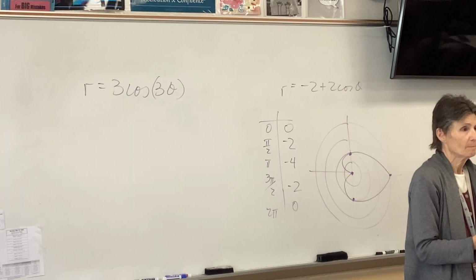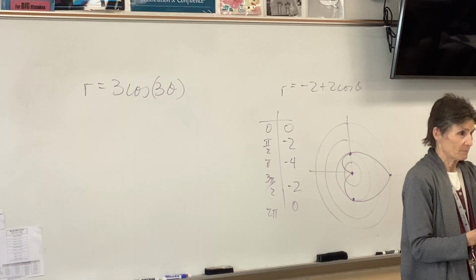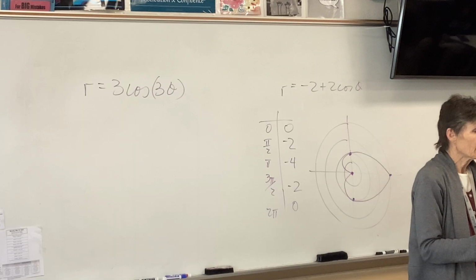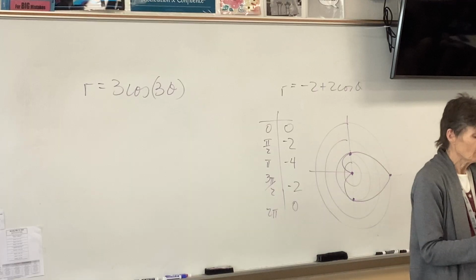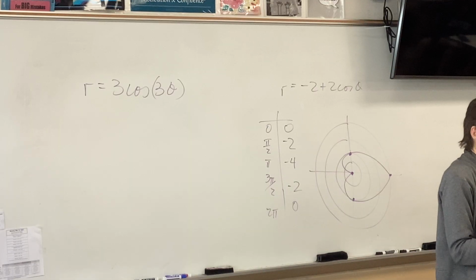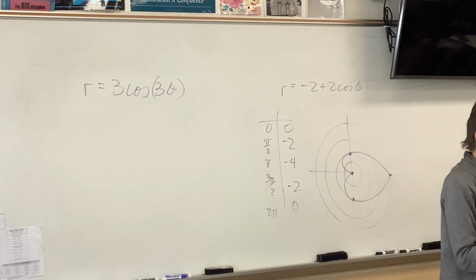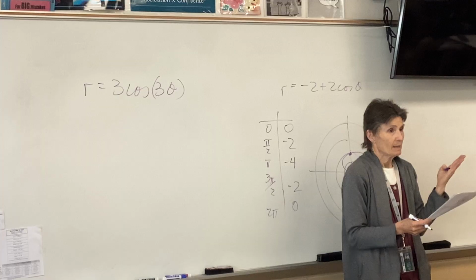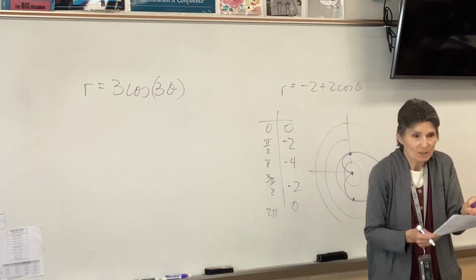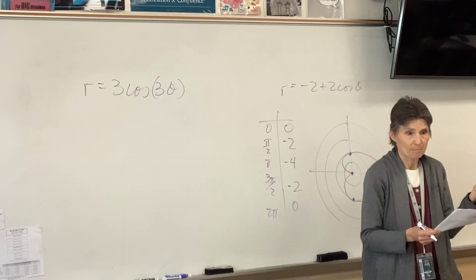That should be 3. On the scaling of the picture, that should be 6. He must have had a different equation, I don't know. Anyhow, that should be 3. So we know the leaves are 3 long. We know there are 3 of them. We know it has symmetry on the x-axis. So that picture makes perfectly good sense, right?